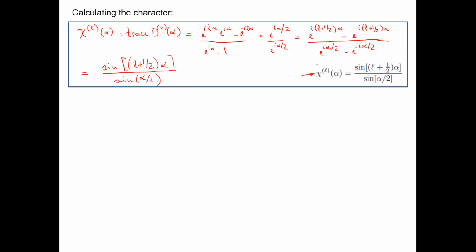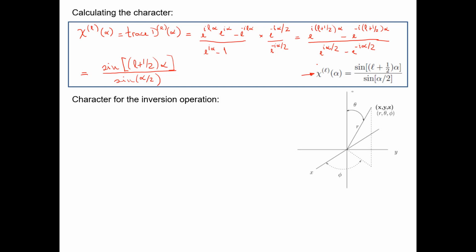All right? Very good. So how about other symmetry operations? For instance, what is the character for the inversion operation? So let's remember our spherical coordinate system.